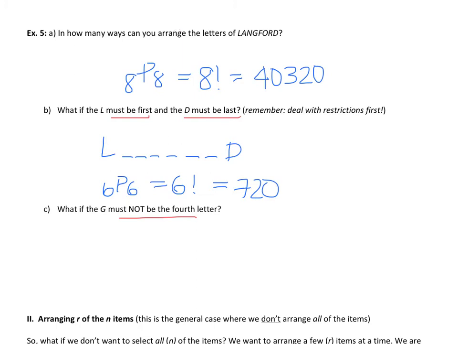So I know that if G must be the 4th letter, then there are 7 letters left, and I'm going to arrange all 7 letters, so that's equal to 7 factorial, which is equal to 5,040. And that's how many arrangements I can have when the G is the fourth letter.